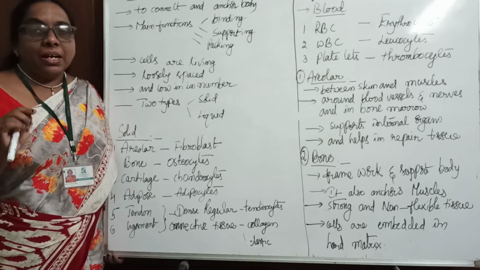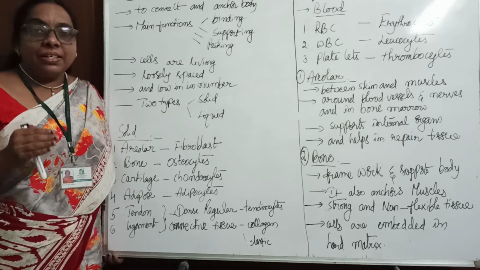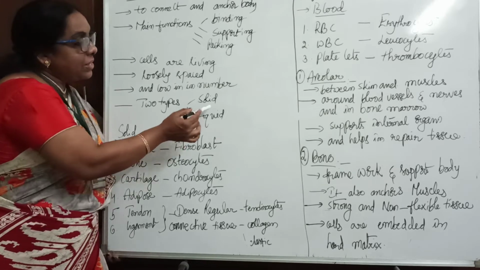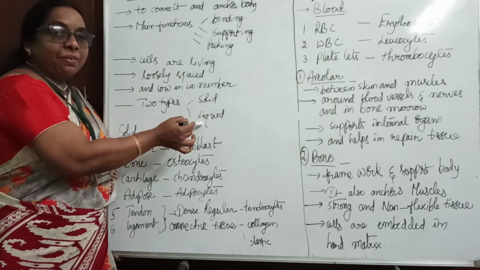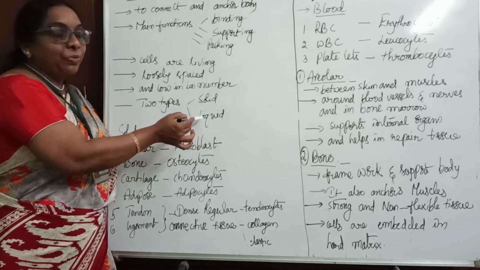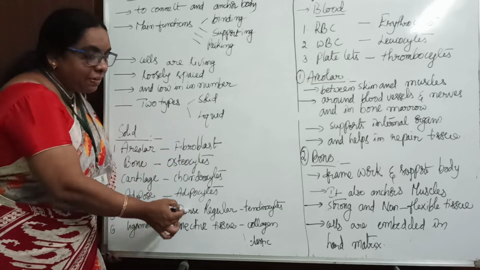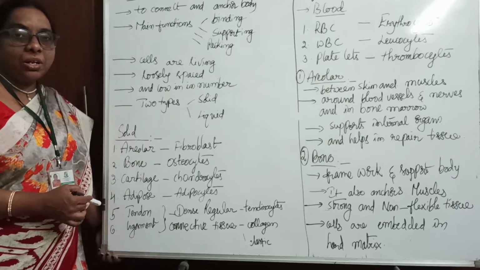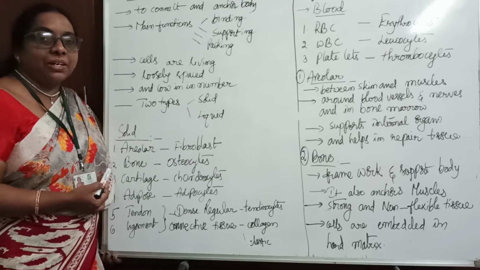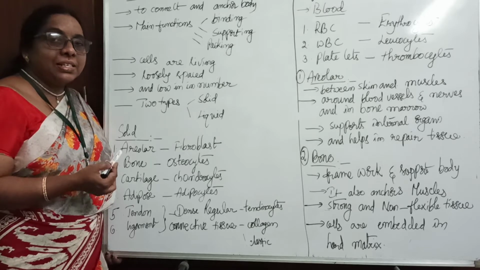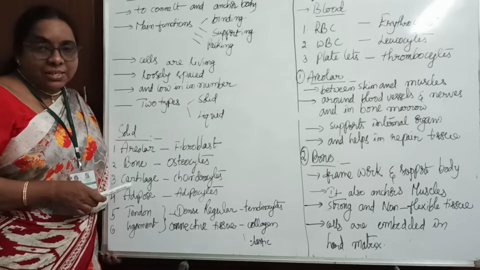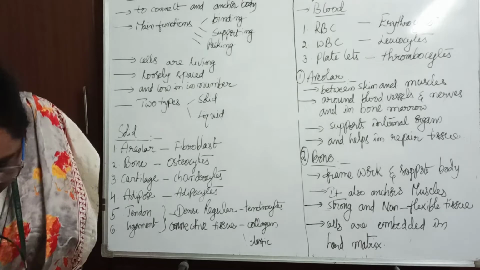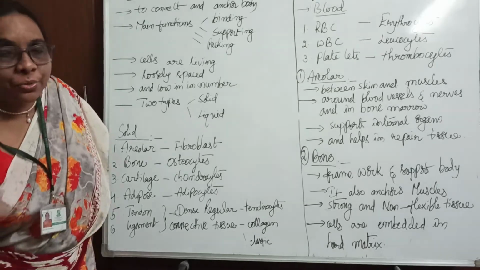According to the function and the location, it is further divided into two groups. One is solid connective tissue, the second is liquid connective tissue. Solid connective tissue is further divided into 6 types. What are these 6 types, and what are the cells that we are going to study now? The first type is called areolar connective tissue.